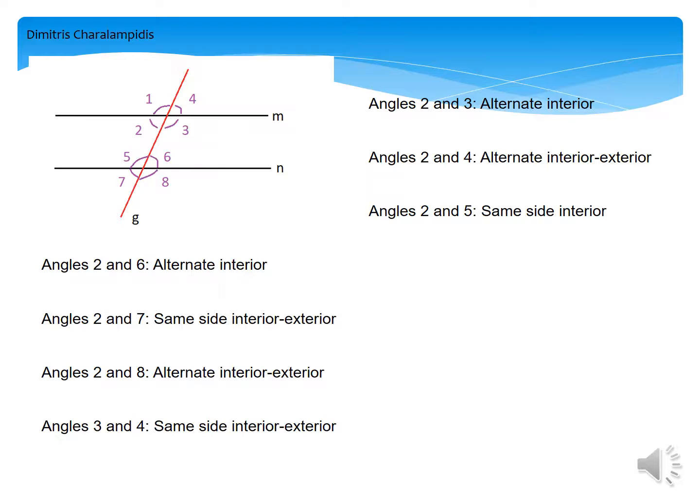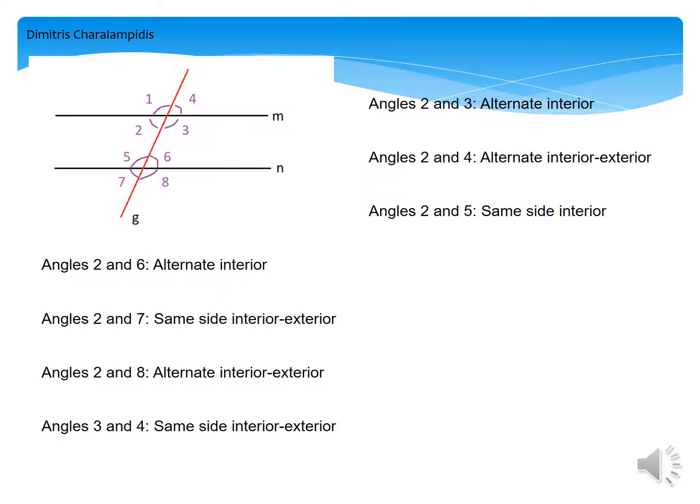Angles 2 and 5. They are same side angles because they are both placed at the left of line G, and they are interior since both of them are between lines M and N. Angles 2 and 6. They are alternate because they are on different sides regarding line G, and interior because they are both between lines M and N. Angles 2 and 7.